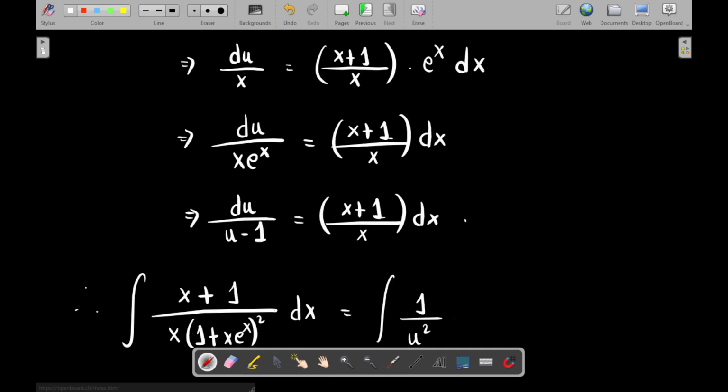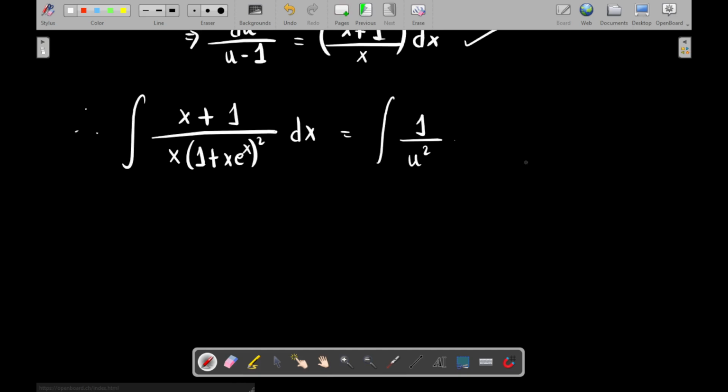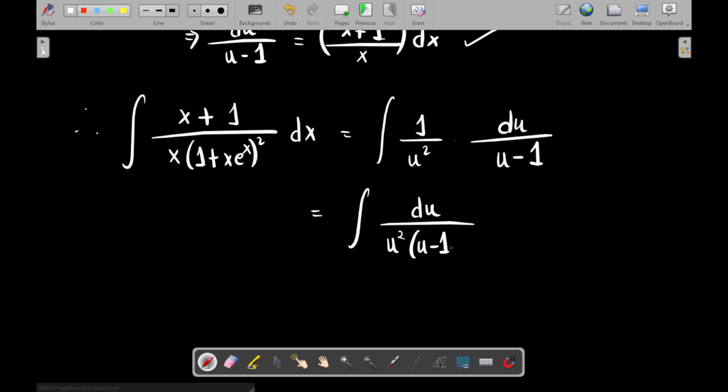This is nothing but this, right? So this is du upon (u minus 1), right? So this integral in terms of u is becoming something like this. Okay, 1 by u square times du upon (u minus 1). Okay, so now this becomes du upon u square times (u minus 1).